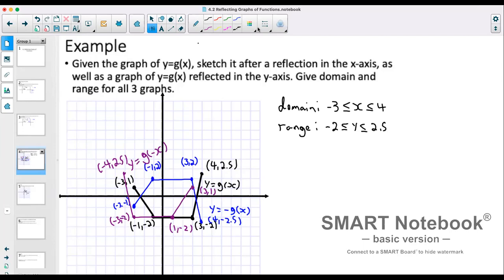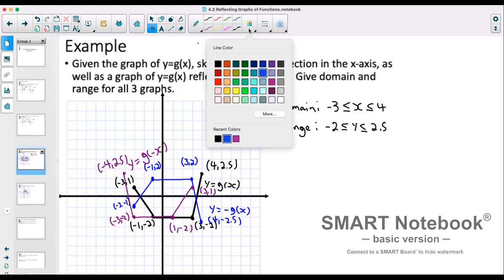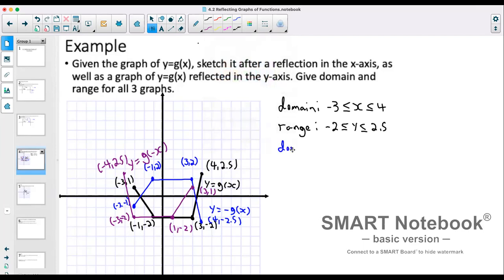Next, we'll look at our function reflected over the x-axis. So for it, we can see we went from -3 to +4. So you can see that when we reflected it over our x-axis, our domain did not change because that's the exact same as our domain here.